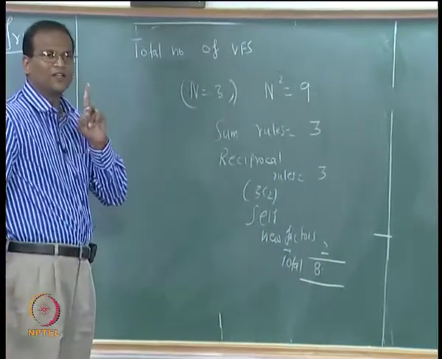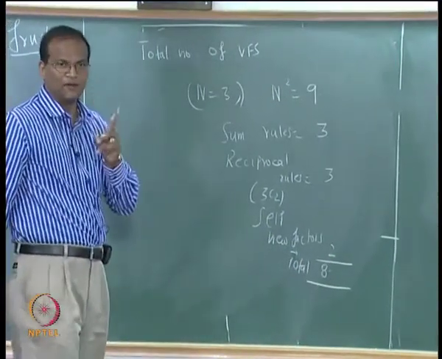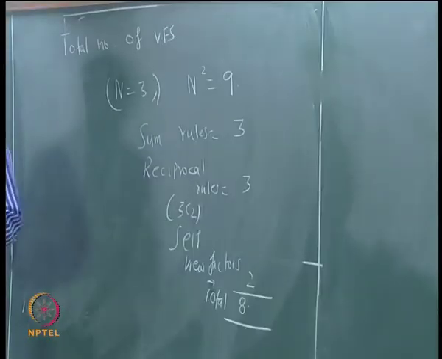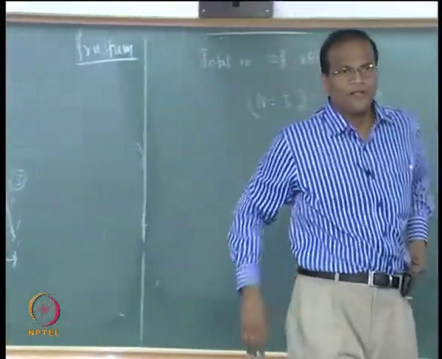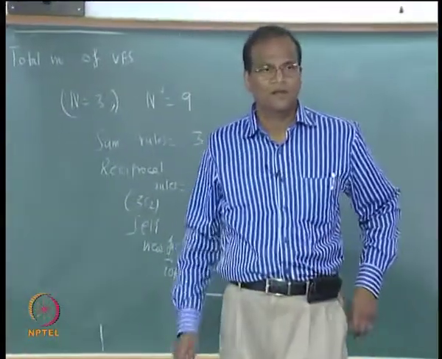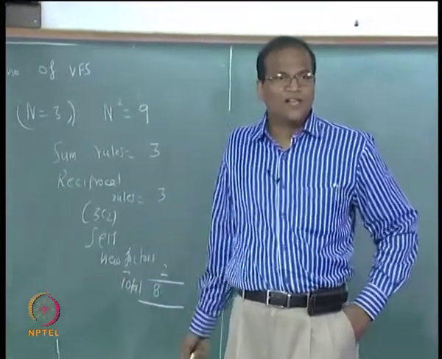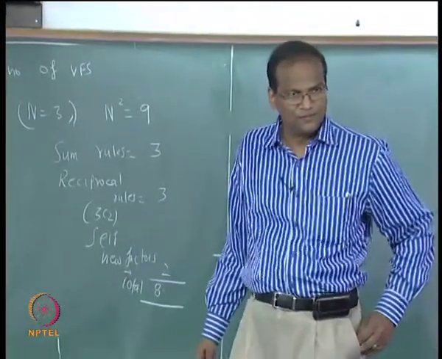So one view factor has to be independently determined. Fortunately that one view factor is this one, for which I gave you the chart. You determine that and then using your view factor algebra and other relations get all the view factors.